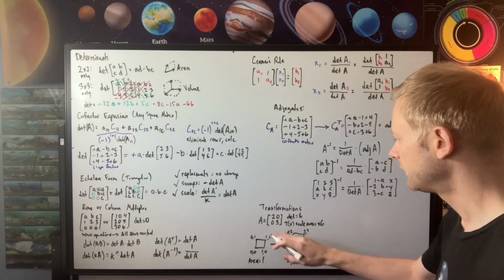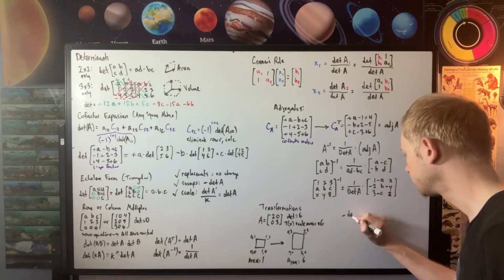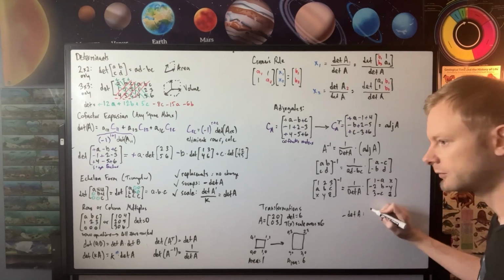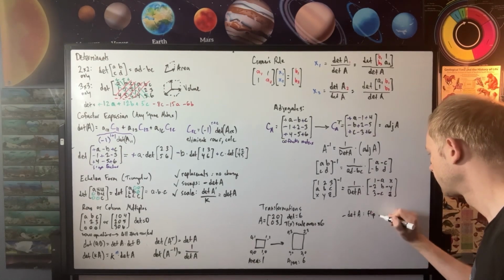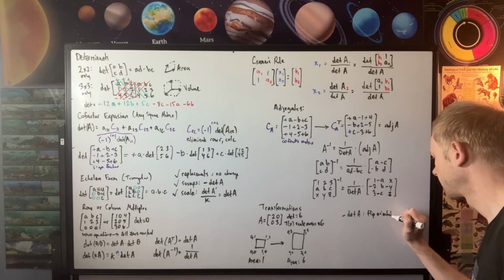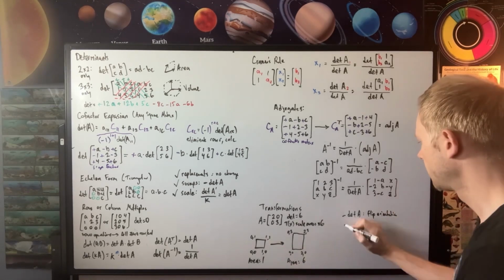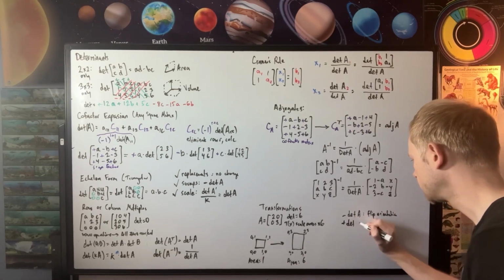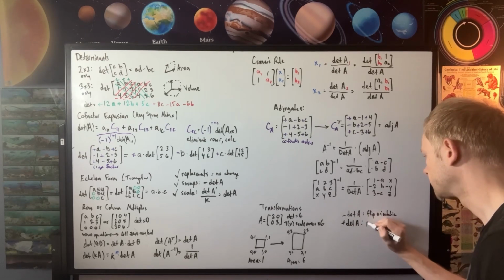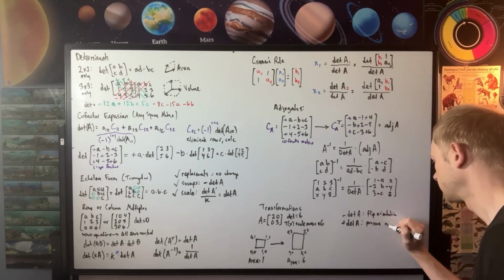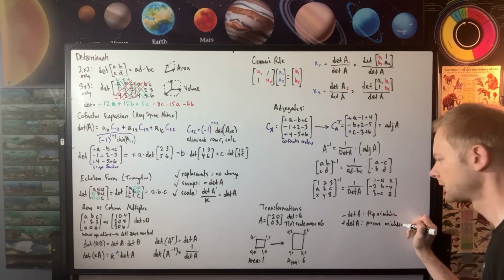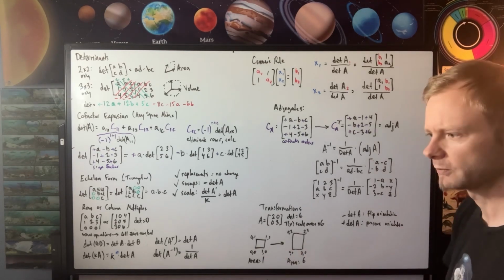Let's make a note that if A has a negative determinant, then that's actually going to flip the orientation of the object that you're going to transform. But if you have a positive determinant, then that's going to preserve the orientation. As you can kind of see here, the orientation was preserved.